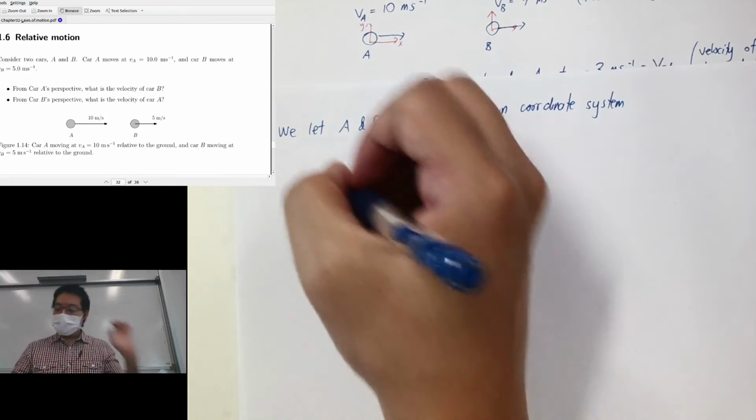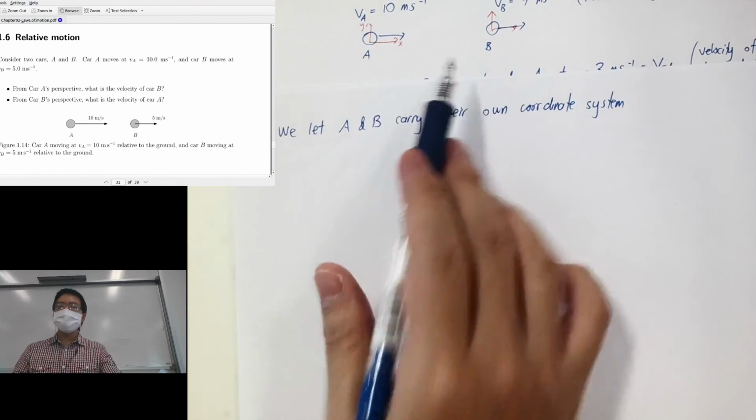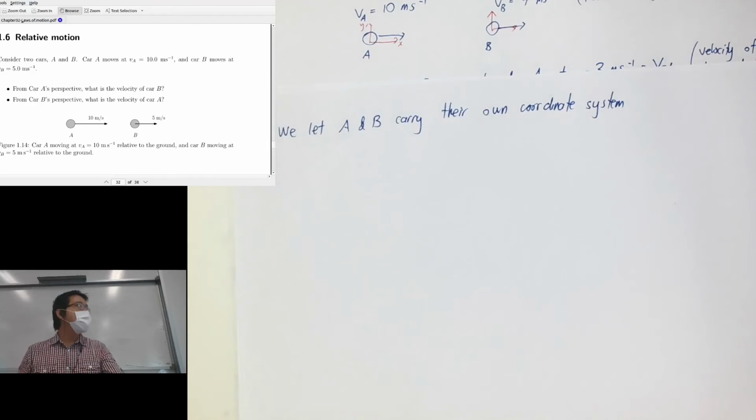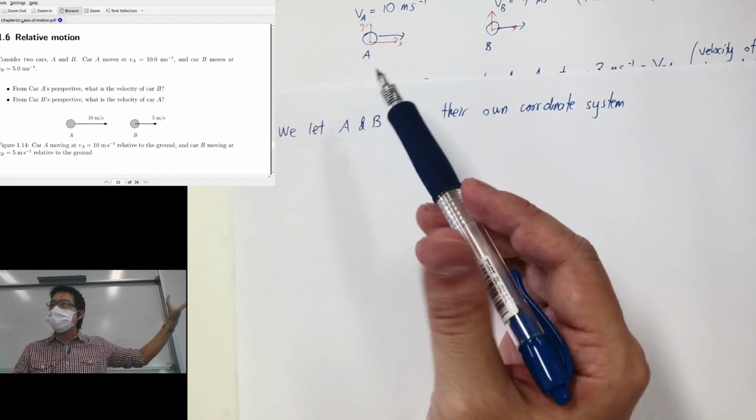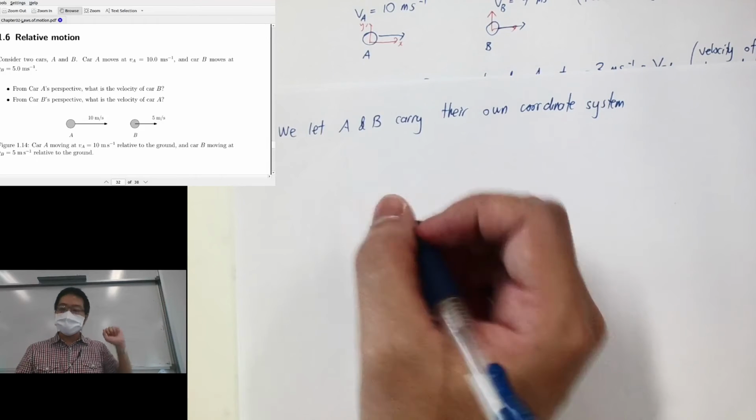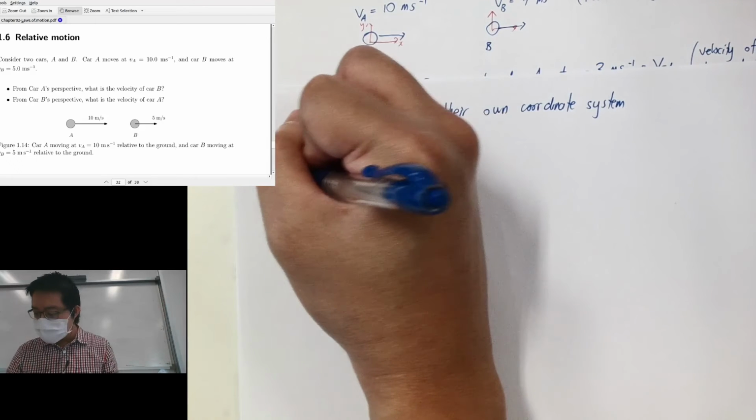In this course, we will be most of the time studying coordinate systems that are moving at constant speed relative to each other only. This is what we call inertial frames.